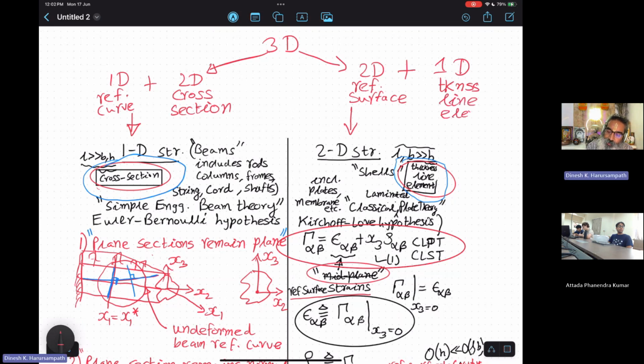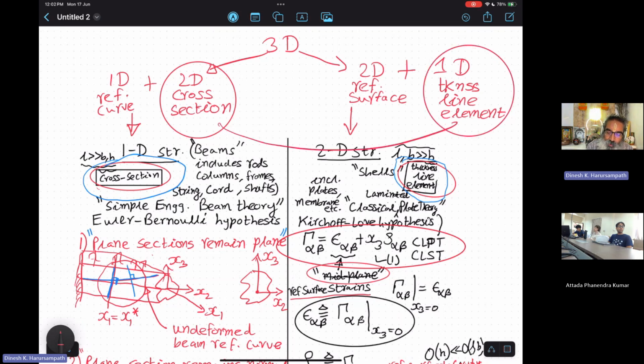line element, right? So in other words, the analogy is between this smaller guy over here and the smaller guy over here. These two are analogous to each other. Okay, so whatever assumptions we made in the beam theory about the cross section, we make the same kind of assumptions about the thickness line element in the plate or shell theory.